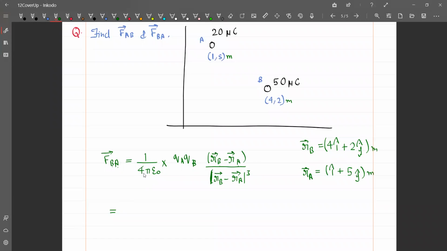I'll put down the values. 1 by 4 pi epsilon naught is 9 into 10 raised to 9. You can also write the unit, newton meter square per coulomb square. Q1 Q2, 20 into 50, but they are microcoulombs.